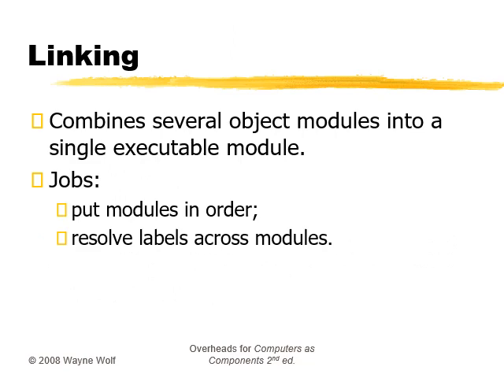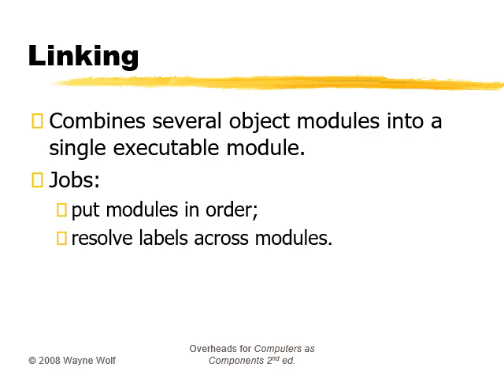And as I've told you, linking is basically the solution of stitching all the modules together. So it combines several object modules into a single executable module. And what is the job of linking? Put modules in order. As I've told you, we do not know about all the addresses and labels during assembly time, because we do not know about the order of the modules.